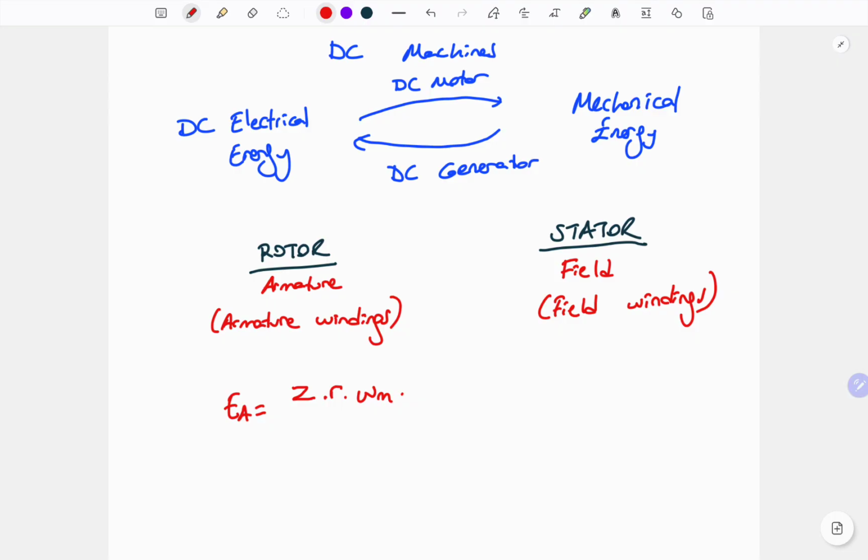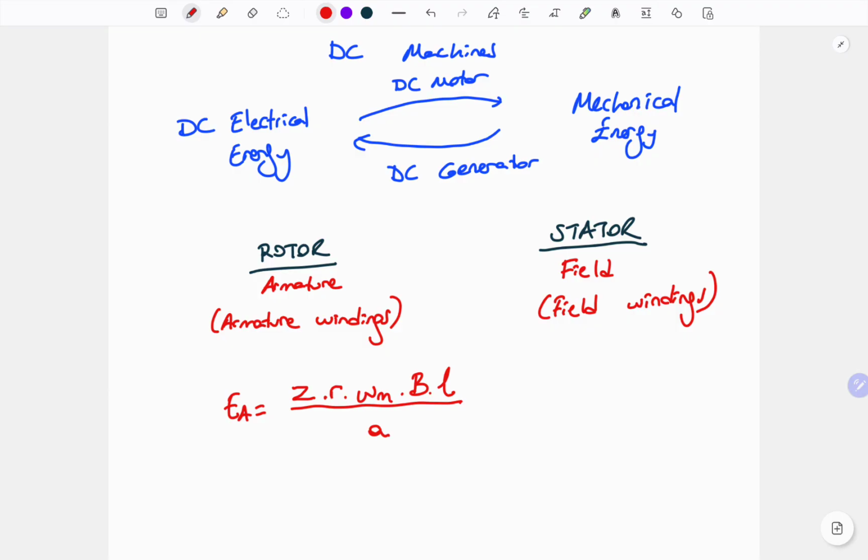The speed of the machine will be the motor speed. Then the magnetic field density, the length of the motor, divided by A, and A represents the number of current paths which are designed inside the machine.